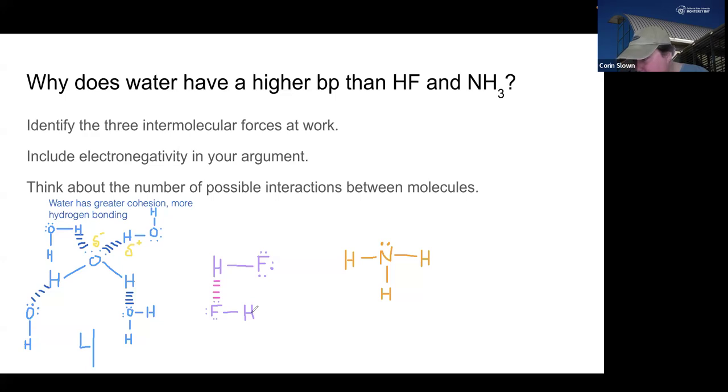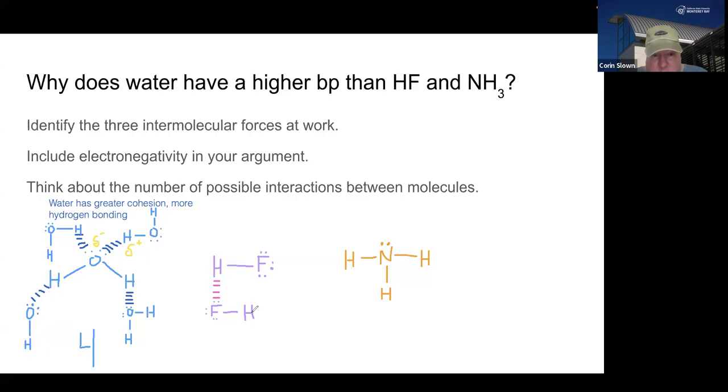That's going to be a key distinction here. Because of how electronegative fluorine is, it holds on to that hydrogen very tightly. In fact, HF is considered a weak acid because it doesn't want to let go of the hydrogen due to the electronegativity of the fluoride.